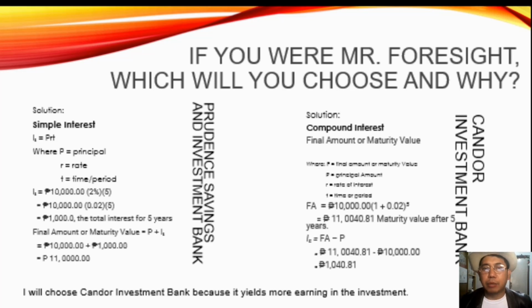The final amount of the compound interest is equivalent to the result of principal multiplied by the quantity 1 plus the given rate, and of course raised to the given number of years or period.